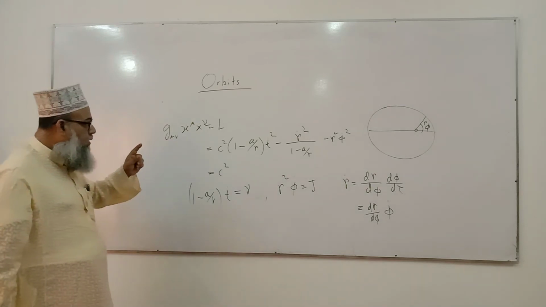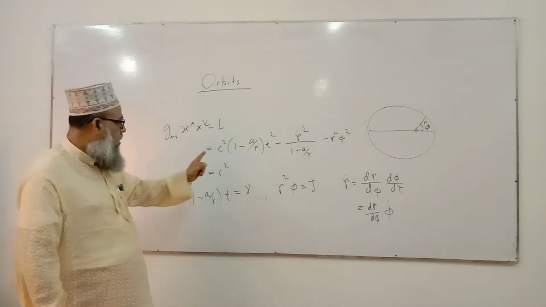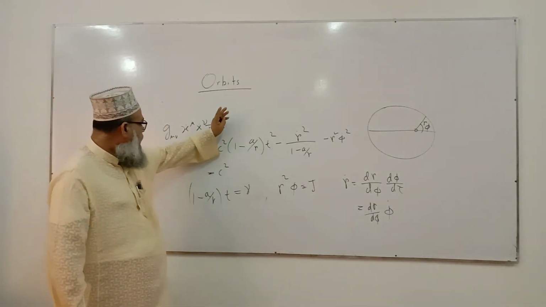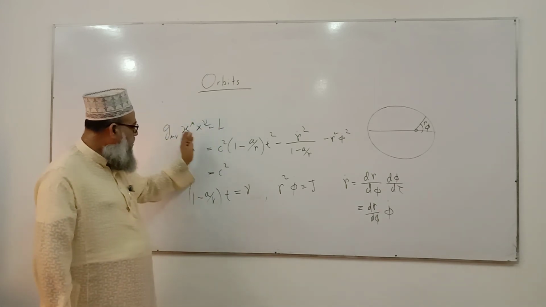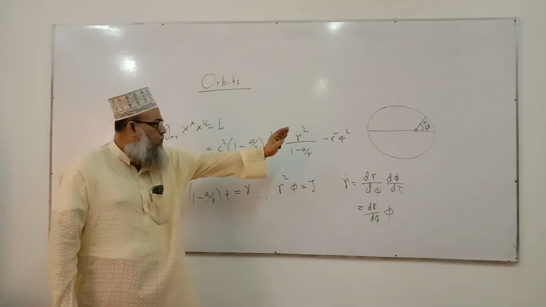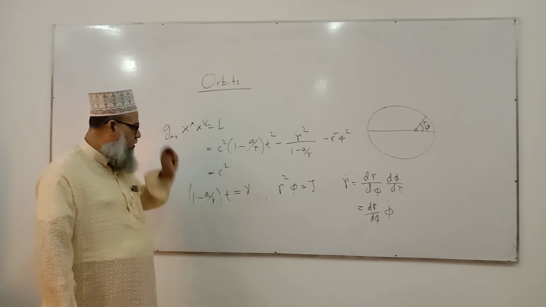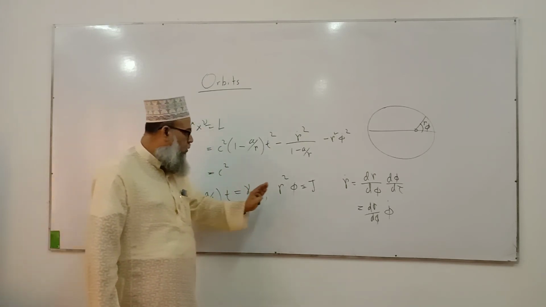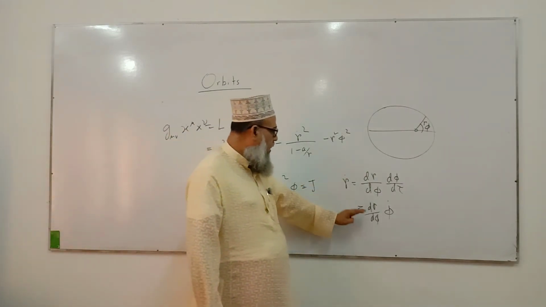Now how many equations do we have? 4 equations. This is one, the equation c square equals the metric expression with phi dot square. This is another, equation 2, equation 3, and equation 4.